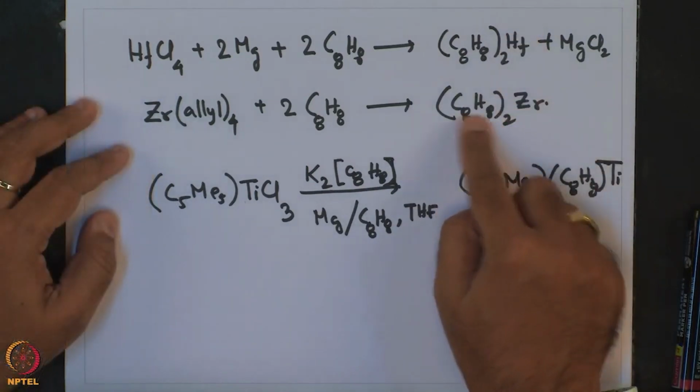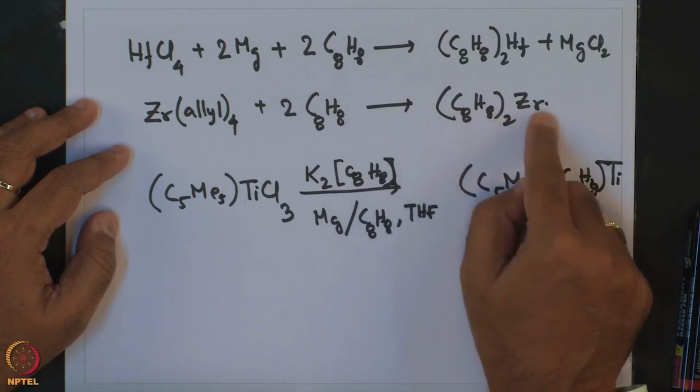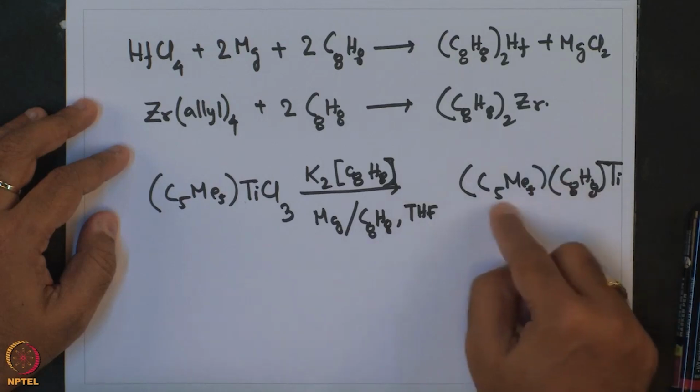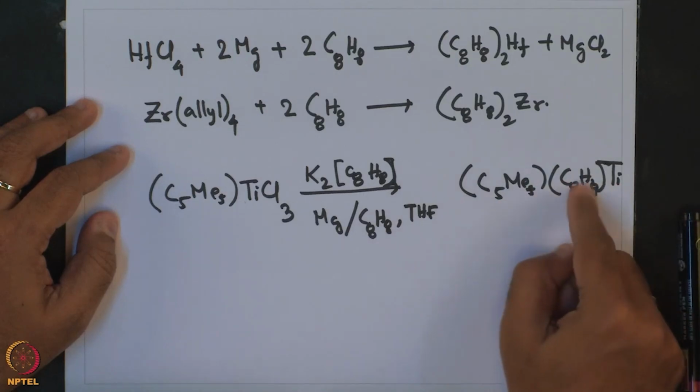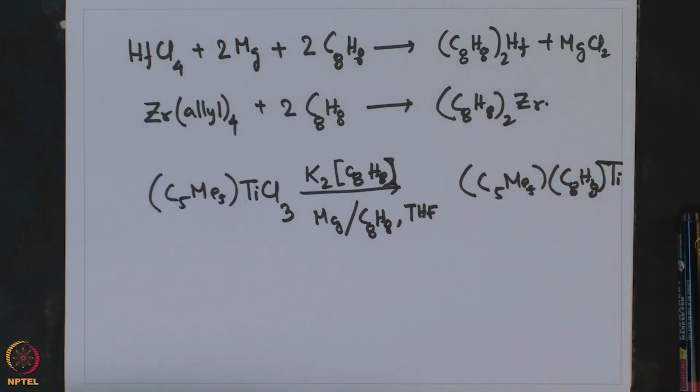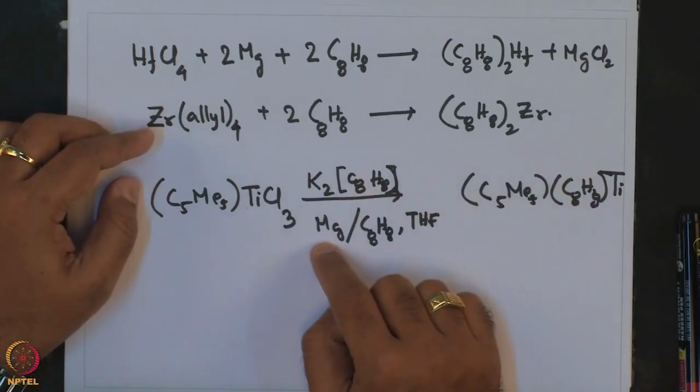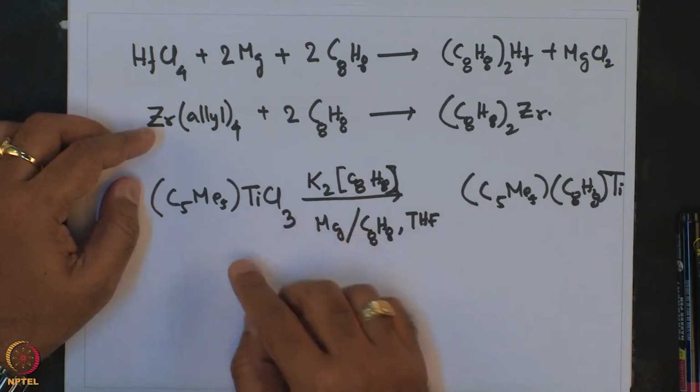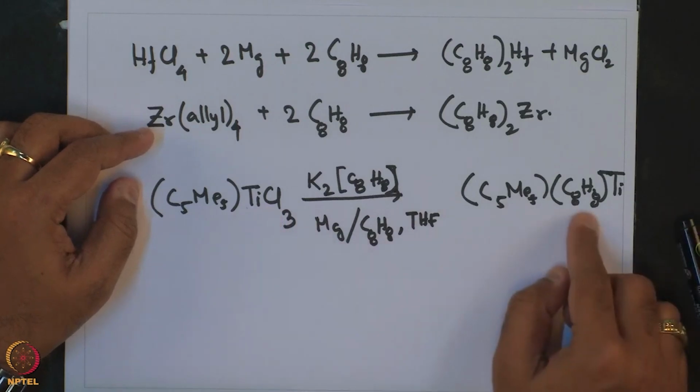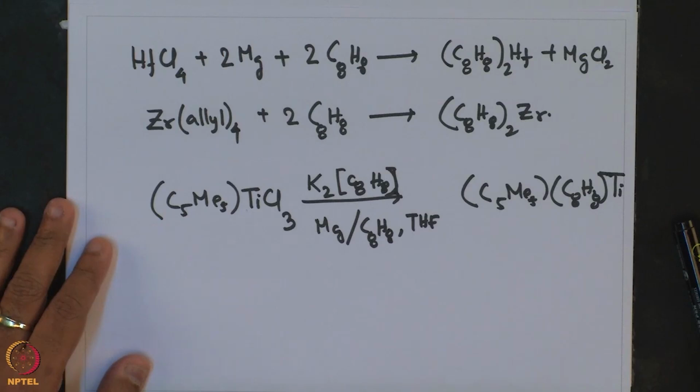In this case also it is 2 dianionic C8H8 making zirconium plus 4 oxidation state, whereas in this case it is titanium in plus 3 oxidation state, with two dianionic as well as one monoanionic C5Me5 minus, but because of the reducing agent magnesium present in the system, titanium has also undergone a reduction from +4 over here to +3 over here. So, what we see is the fact that this preparation of the C8H8 complexes of transition metals, particularly the planar C8H8 complexes, involves metal halide as well as some reducing agent and C8H8, which will reduce C8H8 to the dianionic form, which will then react with the transition metal halide, giving the required transition metal complexes.